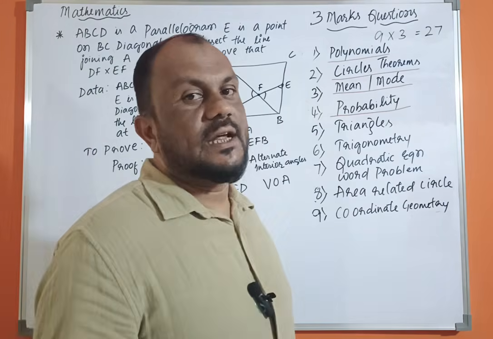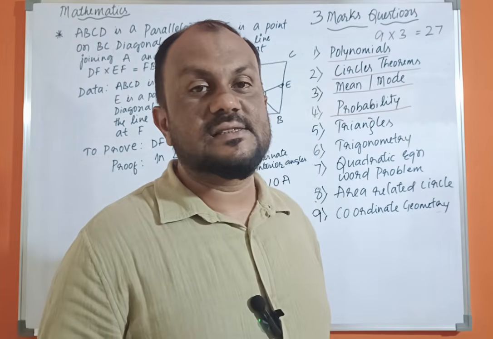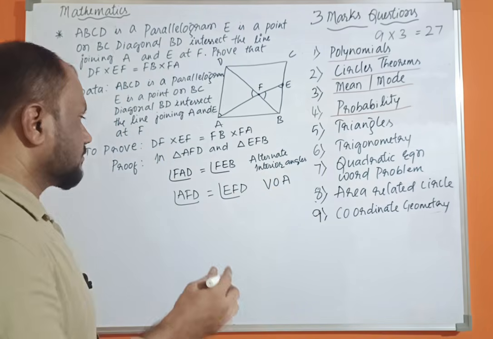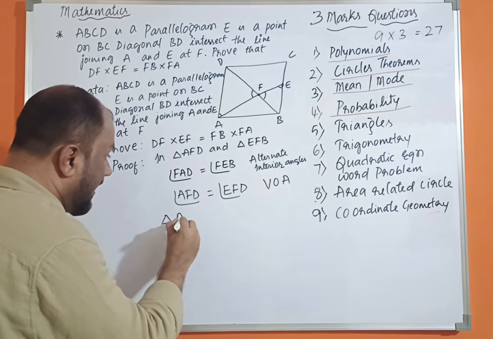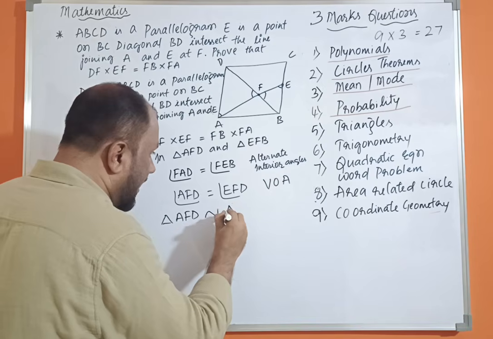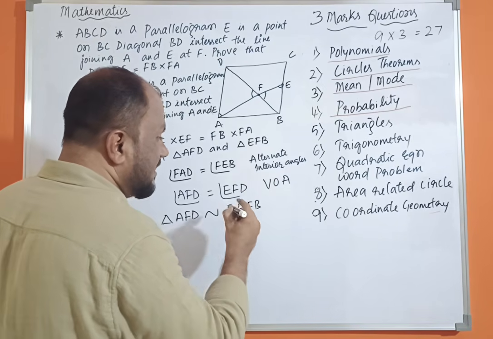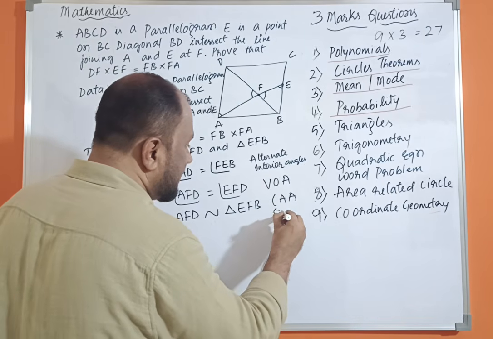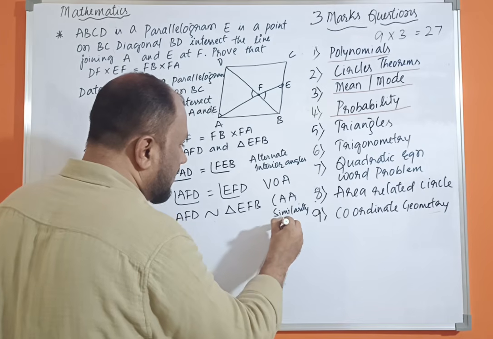If any two angles are equal, then triangles are similar by AA similarity criteria. Now I am writing triangle AFD is similar to triangle EFB. The reason is AA similarity criteria.